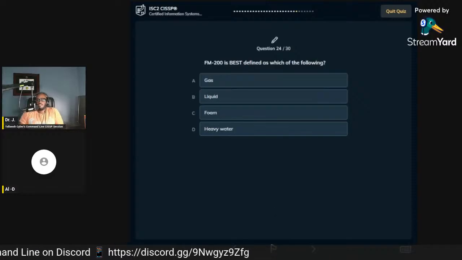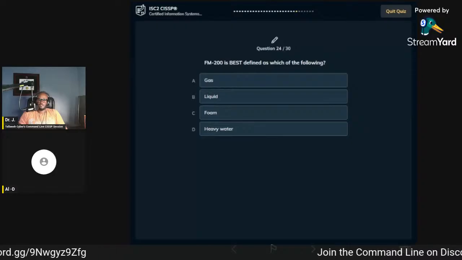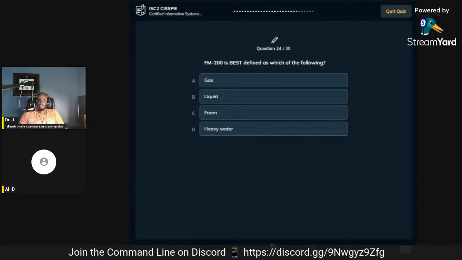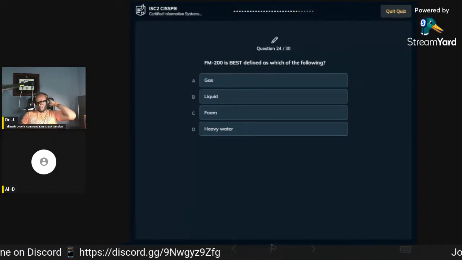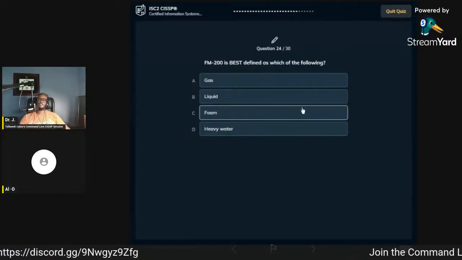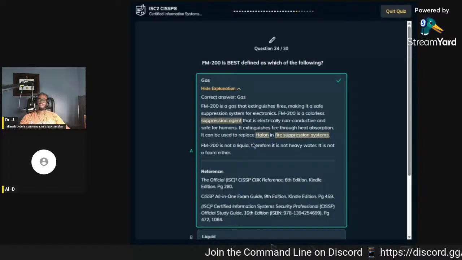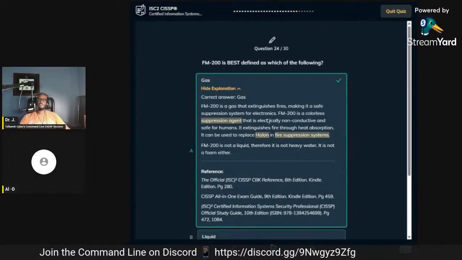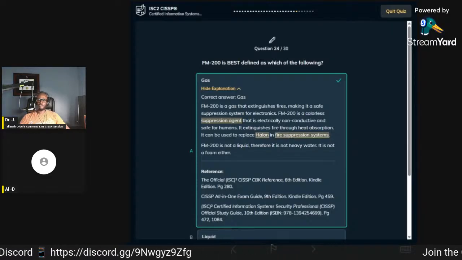All right. FM200 is best defined as which of the following? I think it's gas because I think that's like Halon or something. Yeah, it's a gas that extinguishes fires, making it a safe suppression system for electronics.